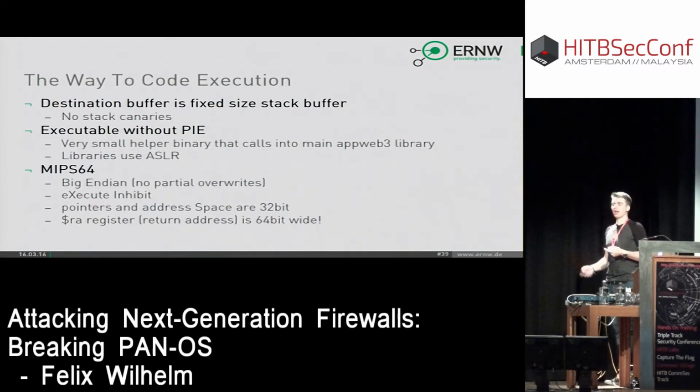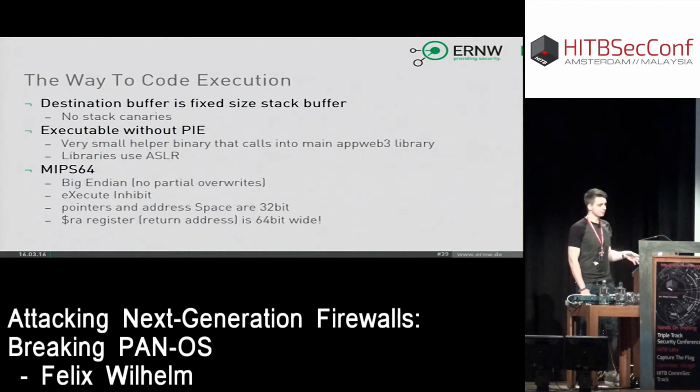On MIPS, it's called execute inhibit, and it just means the heap is not executable. So we can't store direct shellcode on the heap, which means we actually have to perform a full ROP chain on a MIPS 64 system, which turns out to be quite a hassle.